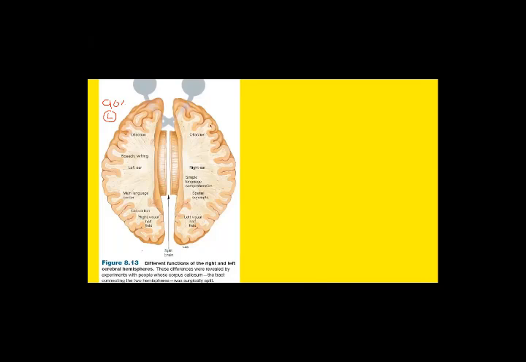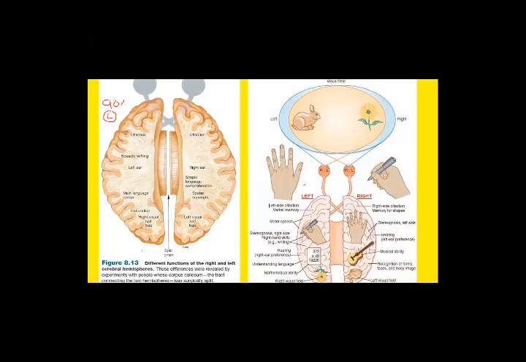Similarly, if you see the right-sided person, or a person in whom the right cerebral hemisphere is dominant, these are the functions of the right cerebral hemisphere. Perception of music is a function of the right cerebral hemisphere. Stereognosis, again, another function.